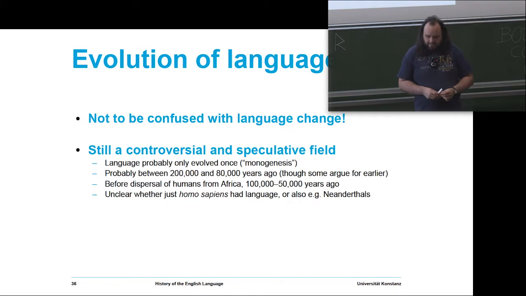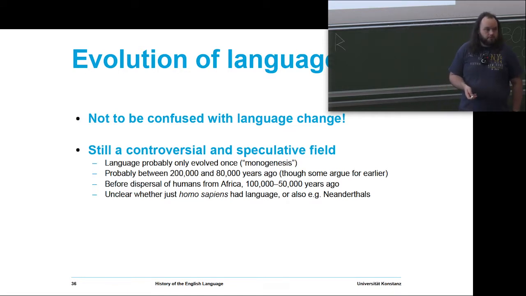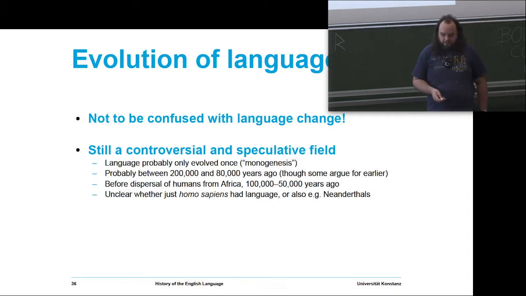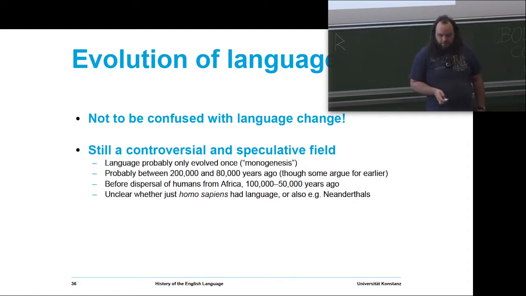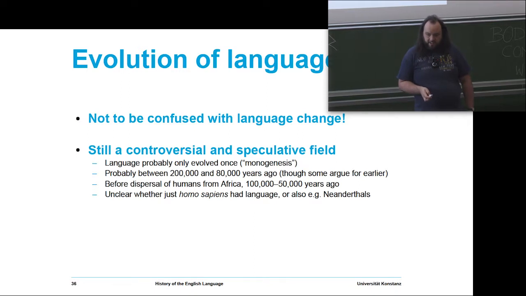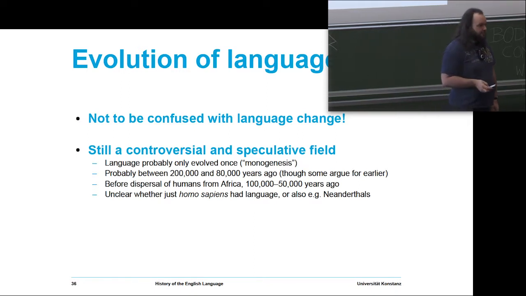And in this timescale that I've just mentioned, so probably between 200,000 and 80,000 years ago. Certainly it has to have happened before the dispersal of modern humans from Africa. What's really a little bit unclear is how much before that it actually happened.